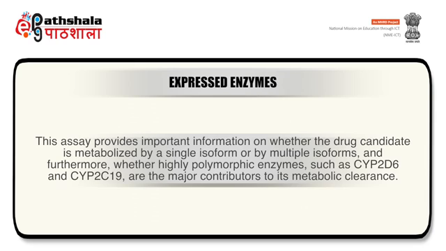This assay provides important information on whether the drug candidate is metabolized by a single isoform or by multiple isoforms, and furthermore, whether highly polymorphic enzymes such as CYP2D6 and CYP2C19 are major contributors to its metabolic clearance.